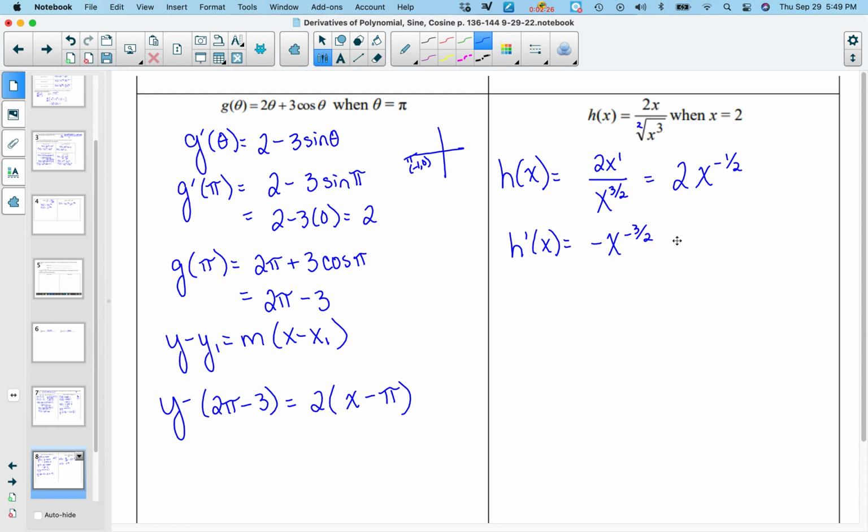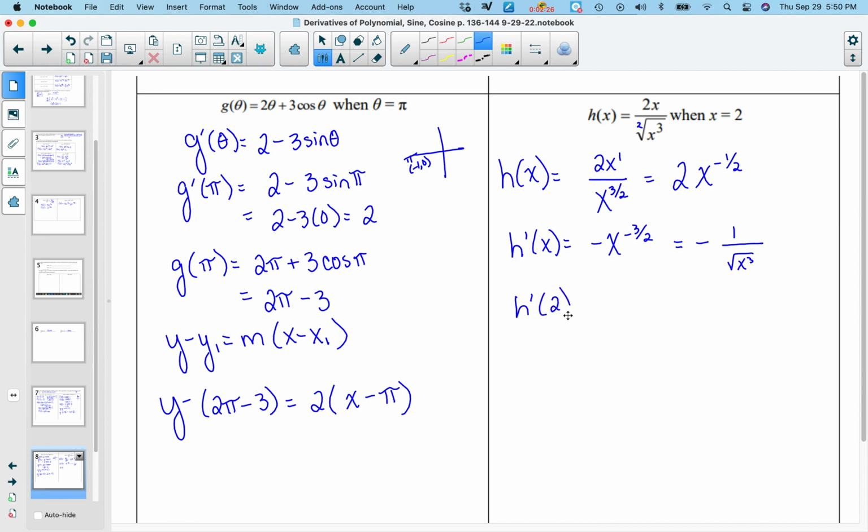Now keep in mind what this means. Sometimes it's convenient to switch it back to the original format, or to radical format. So it's negative, it's going to be in the denominator because of the negative exponent, and it's the square root of x cubed. Sometimes it's convenient to put it back into that format because we're going to be plugging in a number right now.